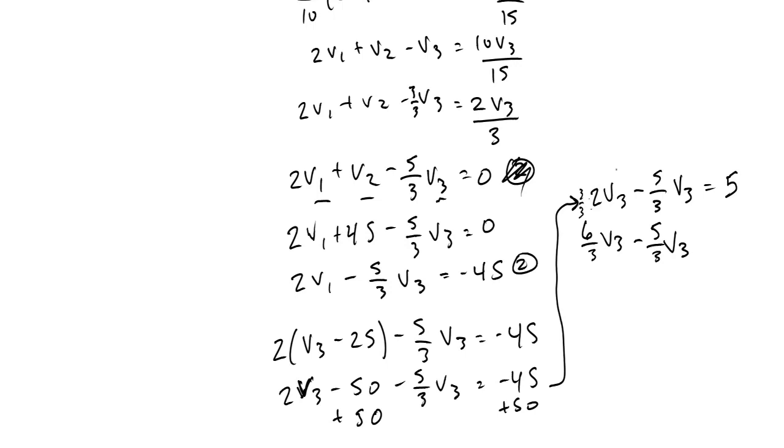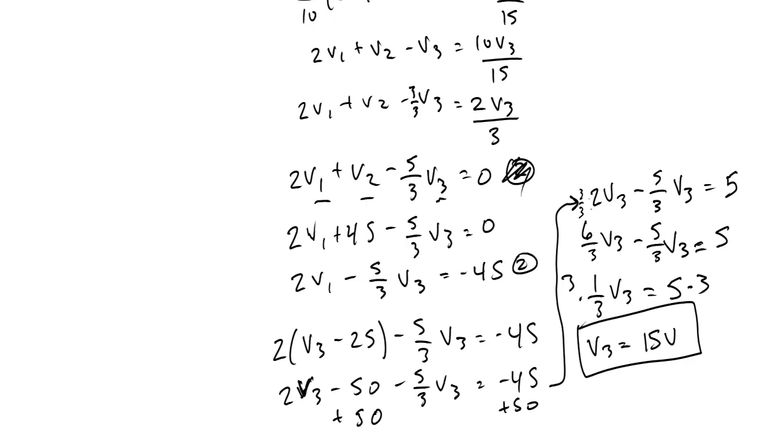Right, so that's our common denominator, 3, equal to 5, and we end up with 1/3 V3 equals 5. And finally, we multiply by 3 on both sides, and we get V3 equal to 15 volts.